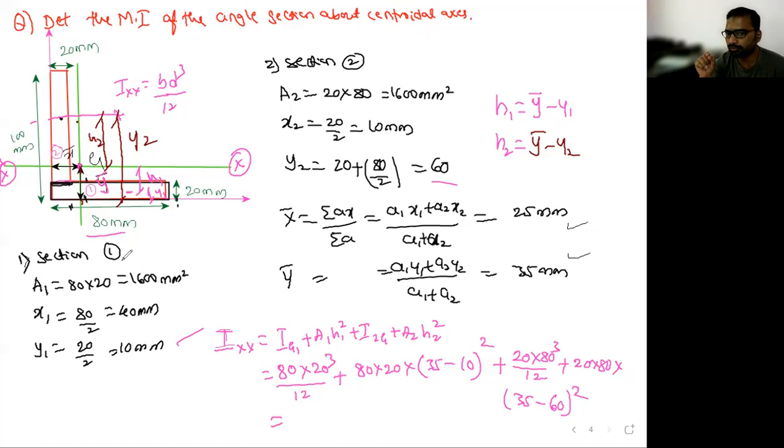So you will get 2.907 into 10 raised to 6. Correct. The answer is 2.907 into 10 raised to 6. See the E raised to 6 on your calculator. This is the answer in mm raised to 4.